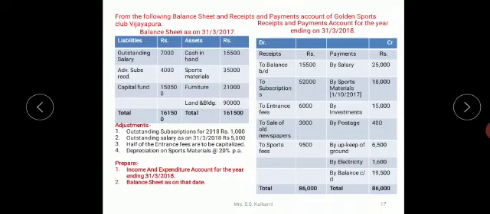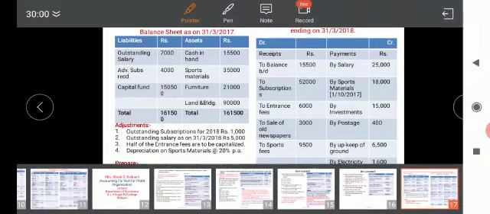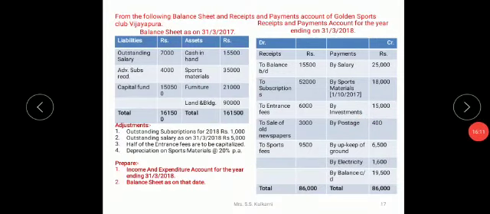Now we will start with the problems relating to the 12 marks. When the problems are given, they will give us in two ways. Sometimes they give the opening balance sheet, sometimes they do not. To begin with, we will see the opening balance sheet when it is given, how it will appear.